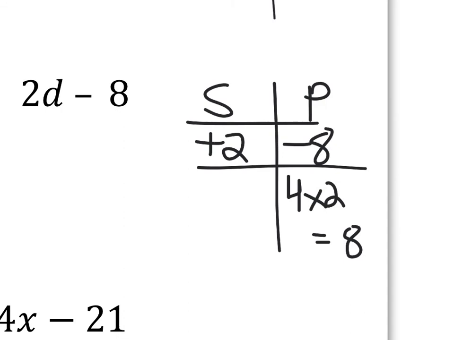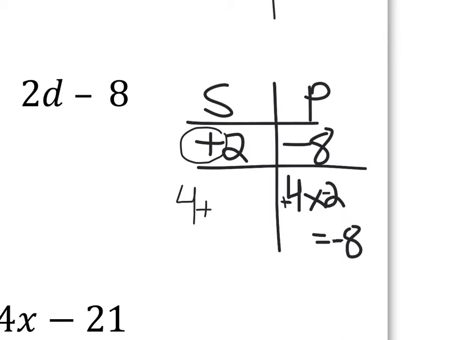So now the rule that I taught you, take the sign of the sum, which is a positive, and it goes with the bigger number. So if the 4 is a positive, guess what that 2 is going to be? A negative. Because now 4 times negative 2 is negative 8.